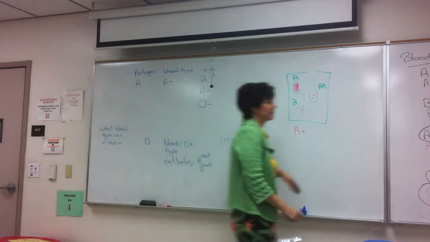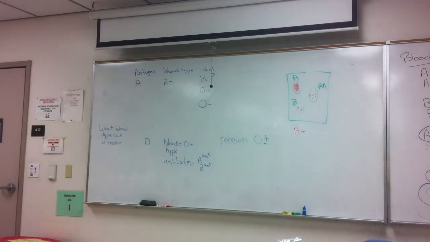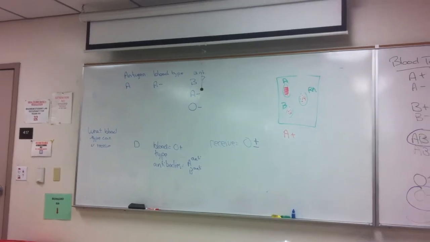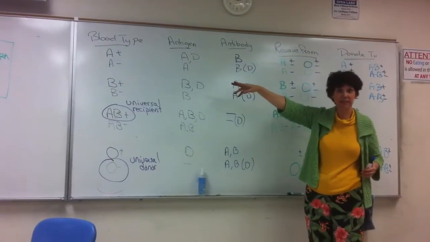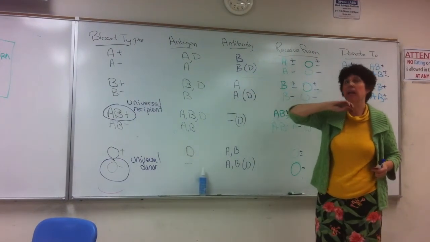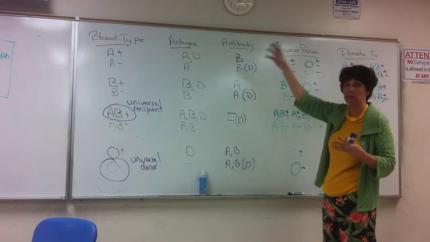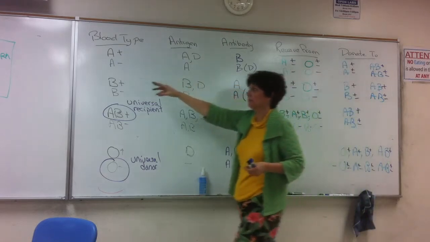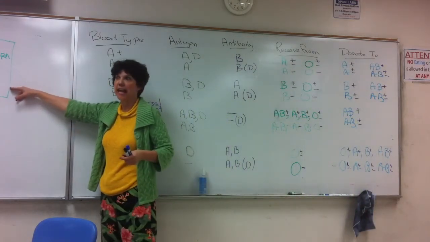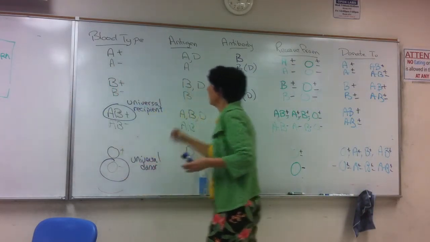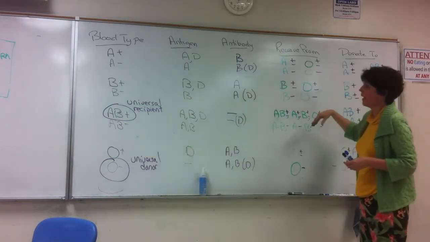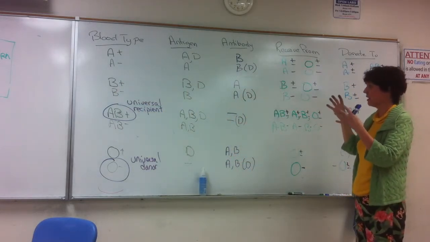I will tell you, I will have multiple choice questions like that. I will have 2 or 3 where you'll be reading something like this, similar to your lab, and telling me what the blood type is. And then I'll also have a chart where I'll show it to you.